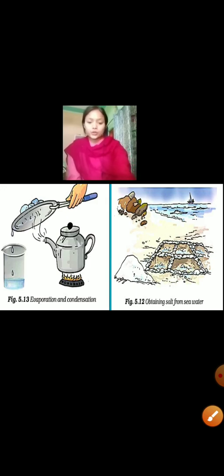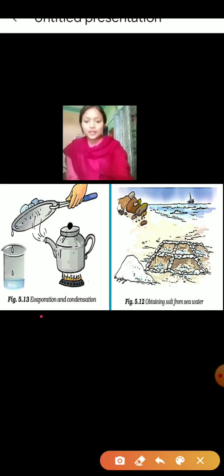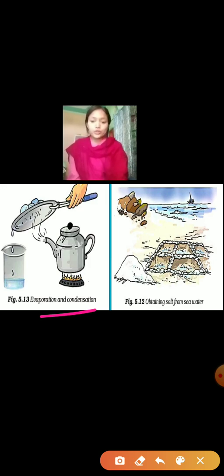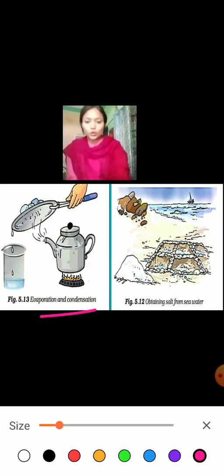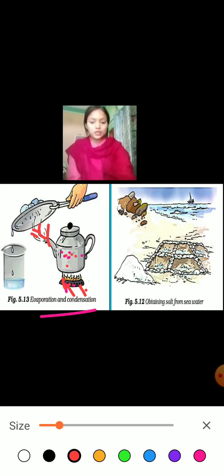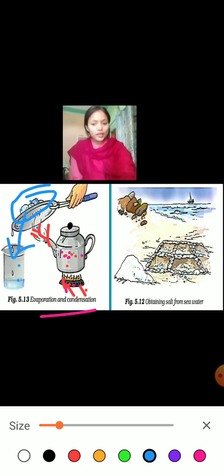Now here you can see the process of evaporation and condensation, both the things. How will you say evaporation and condensation? Inside this kettle, water is present, and we are boiling water. We are providing heat to this water, and the water inside is coming out in the form of water vapors. These water vapors are melting the ice, and ice is converted into liquid form.